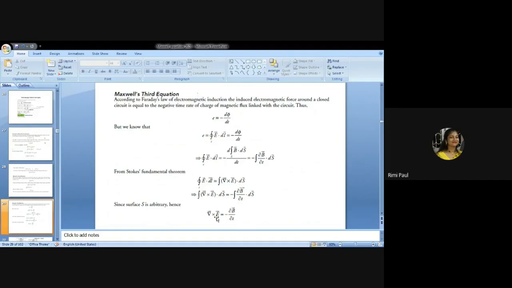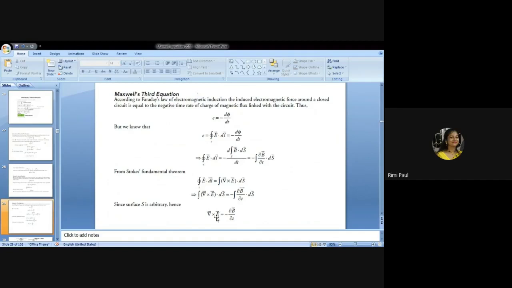So what I want to say is that in the first case there is no variation of field. If I take the charge, that will induce electric field intensity E, and if we take current, it will produce magnetic field intensity, right?